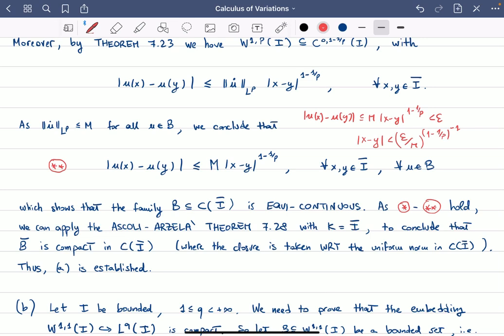We don't care about the exact exponent. You can just take this as delta, proving that this family is equicontinuous.